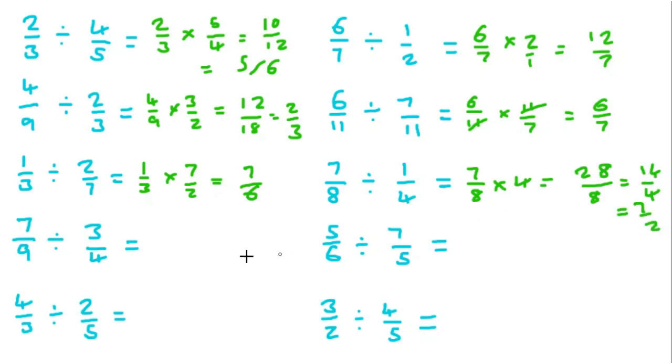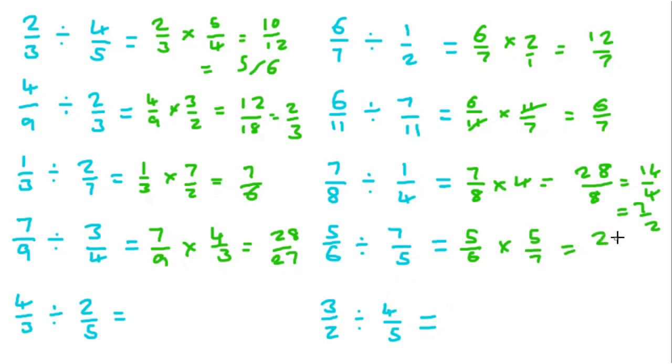Okay, then here we have 7 over 9 multiplied by 4 over 3, that's equal to 28 over 27. Next up we have 5/6 divided by 5/7. Okay, remember changing the sign and flipping this fraction over. That is 25 over 42.